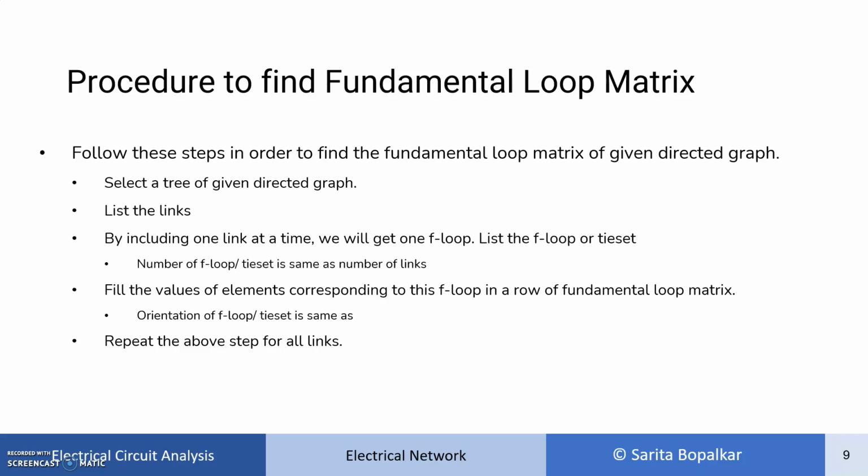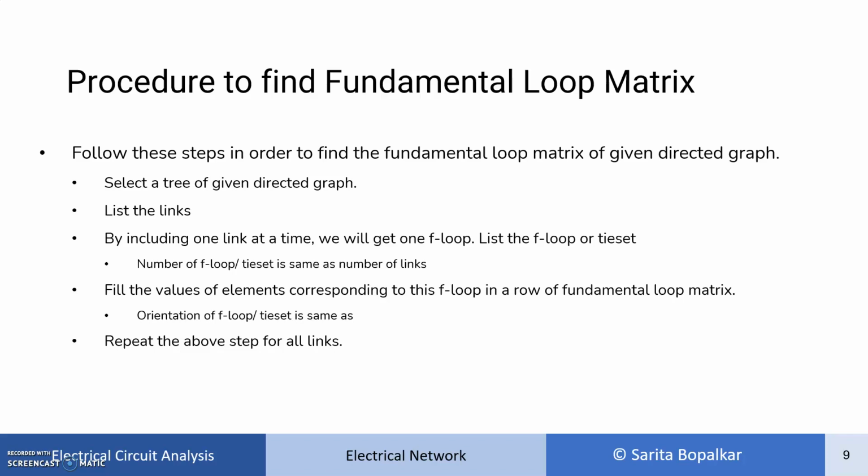But in the case of Tieset matrix or fundamental loop matrix, the number of rows is different. It depends upon how many links there are. So F loops are there. The number of links and the number of F loops is the same. You will understand it clearly when we write the F matrix or Tieset matrix.